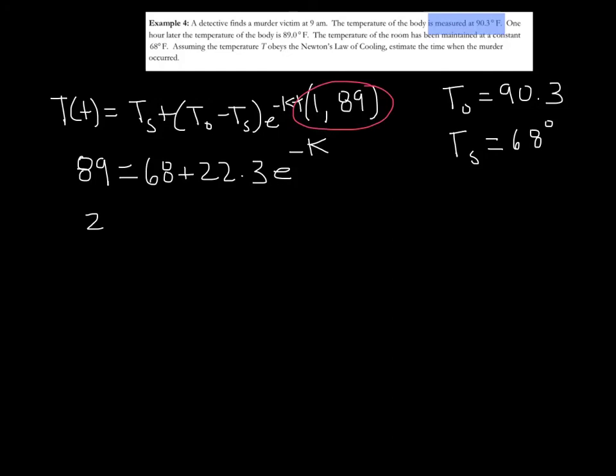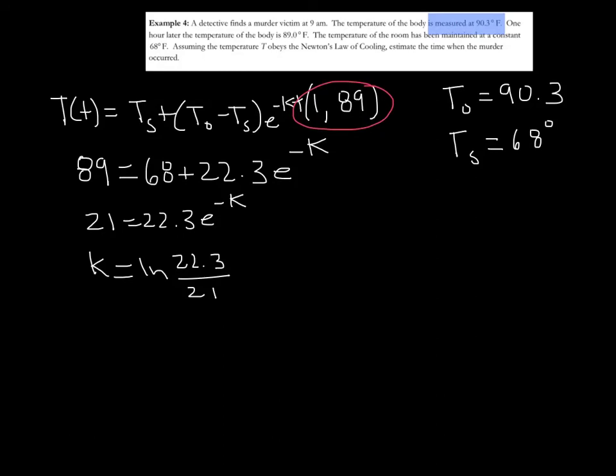And we get 21 equals 22.3 e to the negative k, and you end up working all of that down, and you end up getting a k value. I know you guys can do that on your own, which is equal to the natural log of 22.3 over 21. So that is your k, and I'm not going to make that a decimal for now because I want to get the most exact answer I can.